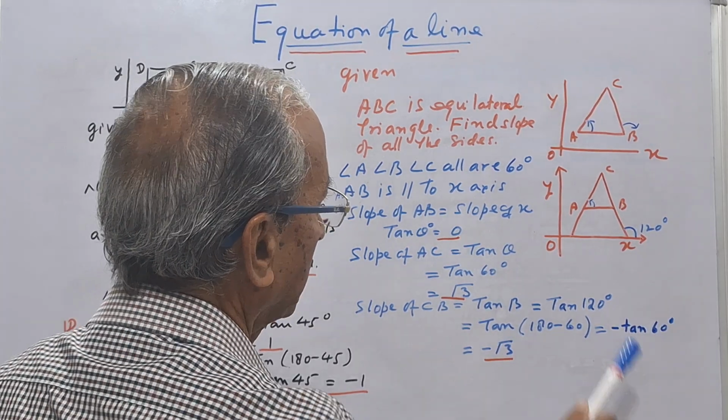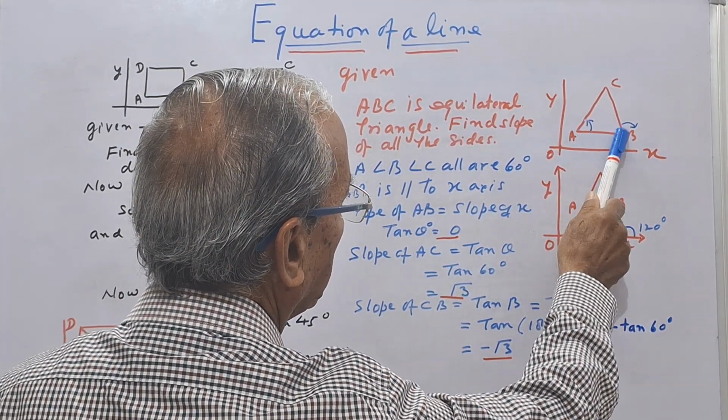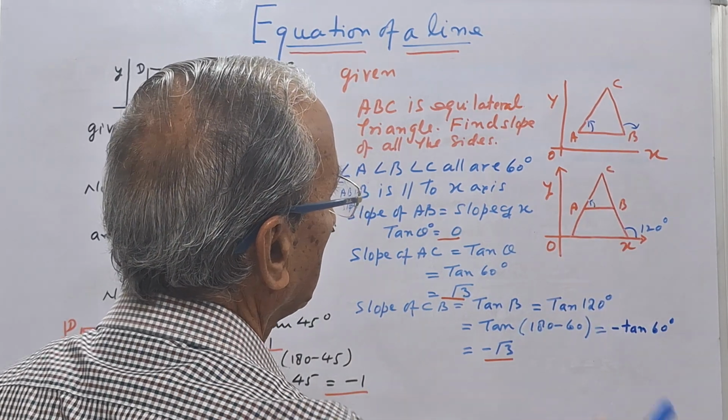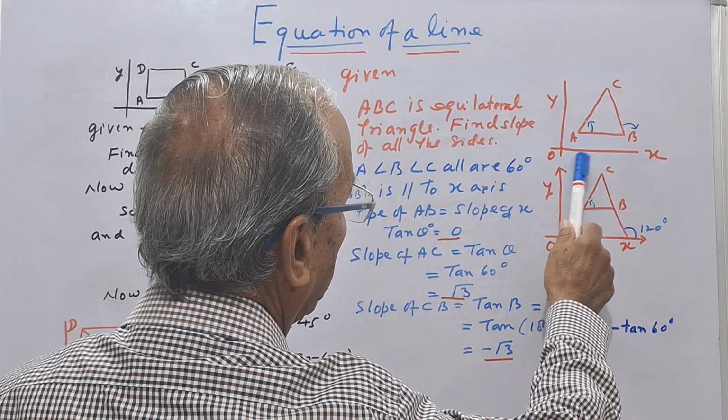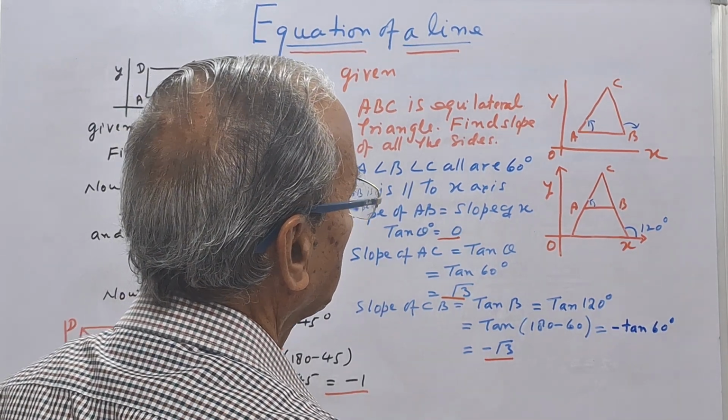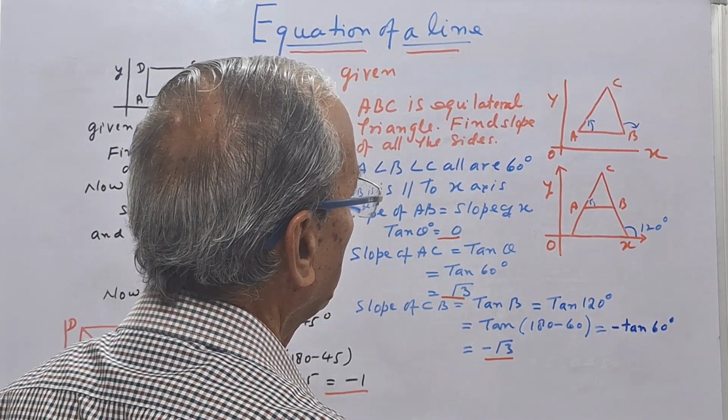Now first, if you see, AB is parallel to the x-axis, and we know when a line is parallel to the x-axis, slope, that is tan theta, is equal to 0.